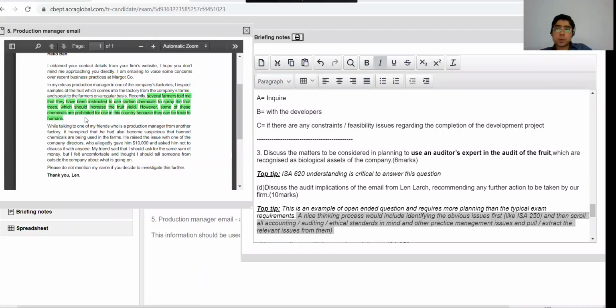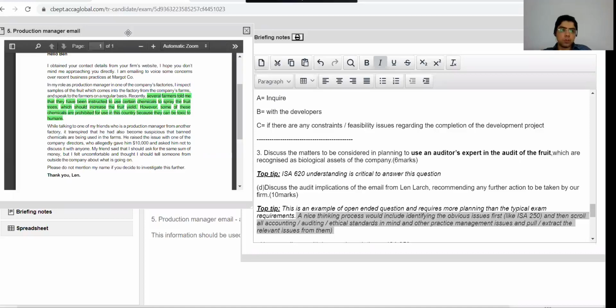And if someone is breaking a law intentionally, that's a fraudulent business practice as well. So ISA 240 should also come to your mind. And if you're breaching laws and regulations, there's potentially going to be some regulatory fine and penalty that could be imposed on you. So IAS 37 provisions should also come to your mind. If you look at this question, these are the popular things that should strike your head.